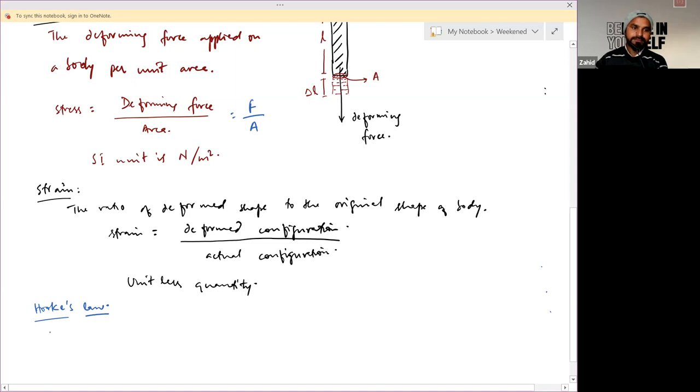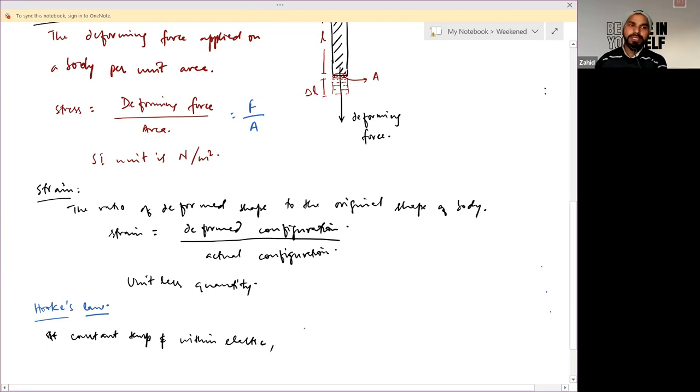So we can say at constant temperature and within elastic limit, the strain developed in a particular object will be directly proportional to the applied stress.